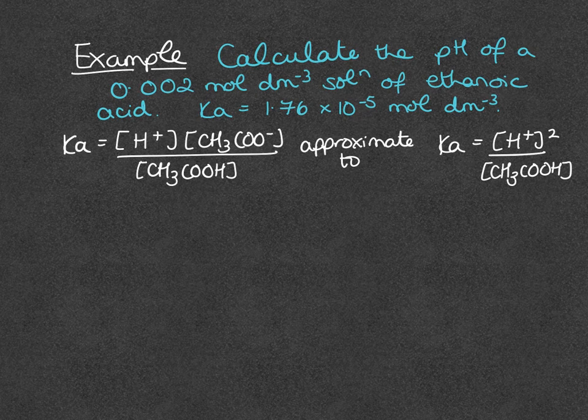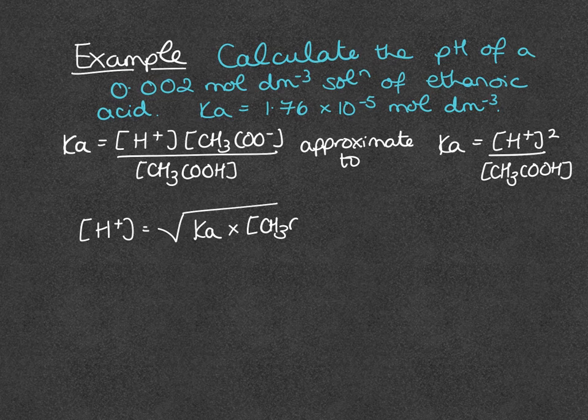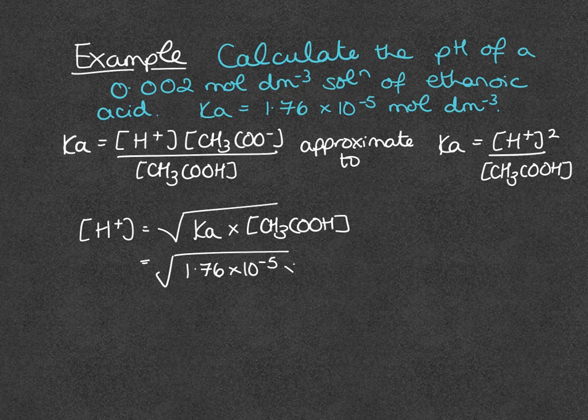So we are going to rearrange that and calculate the concentration of H+ as being equivalent to the square root of the Ka times the concentration of ethanoic acid. And then we're just going to plug some numbers in. I'm going to show a few steps in there.